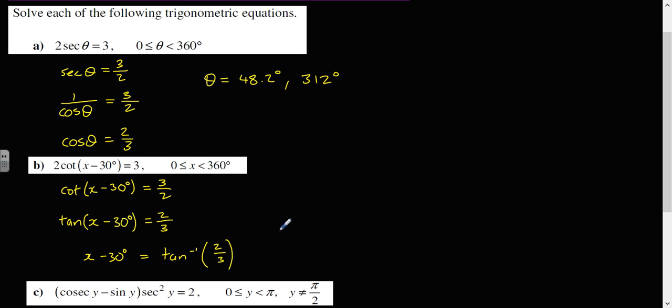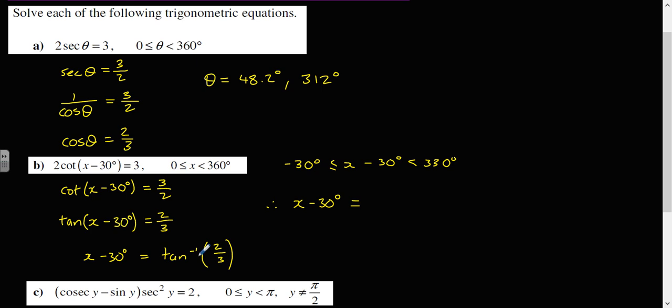Now we're going to remember that our limits are being affected by this bracket. So this linear function of x here, we need to apply that linear function to the limits. So the limits are actually going to be minus 30, x minus 30 to 330. Okay, those are our new limits for this equation. So therefore, our x minus 30 comes out as whatever we get from the calculator here.